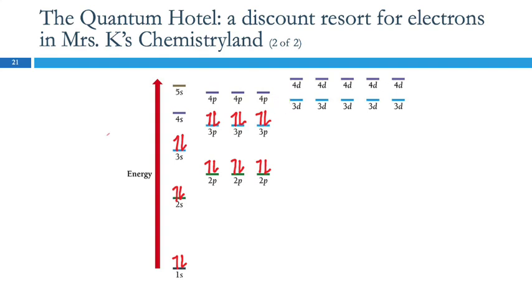So the electrons are going to go up to this next floor, and they'll start this one, because they're looking for the cheapest room, the lowest energy sublevel. They'll fill the orbitals separately with parallel spins, all spin up, before they pair up. Okay? Any questions?